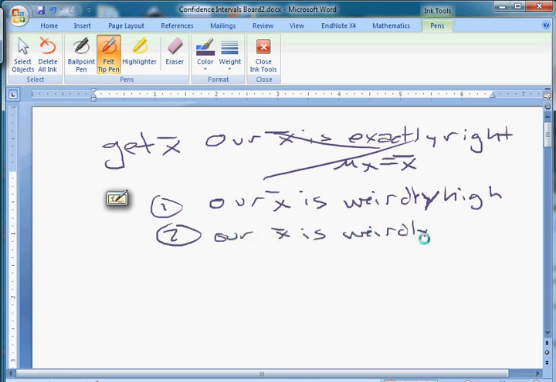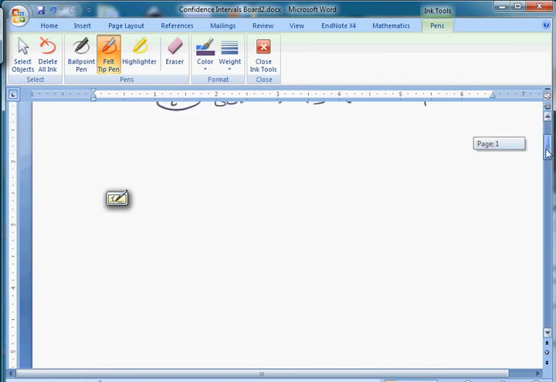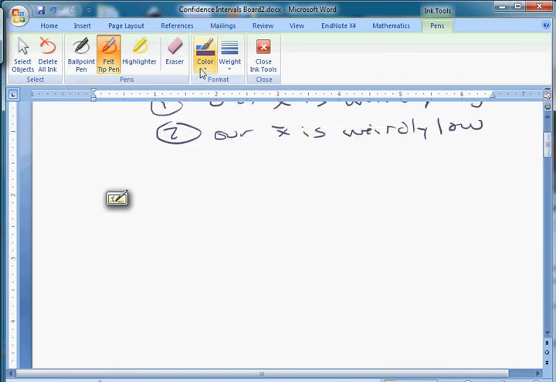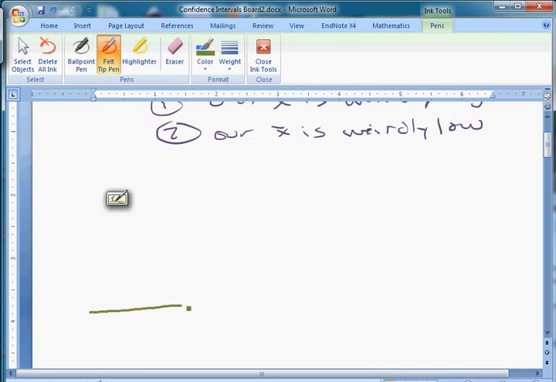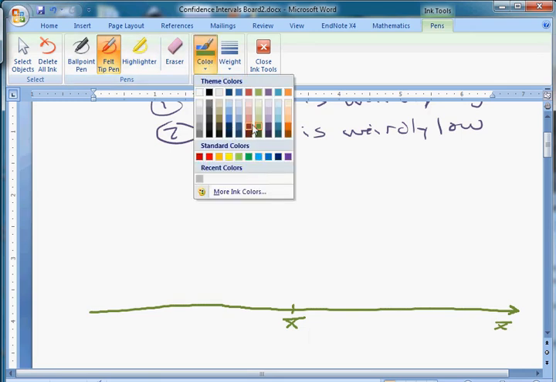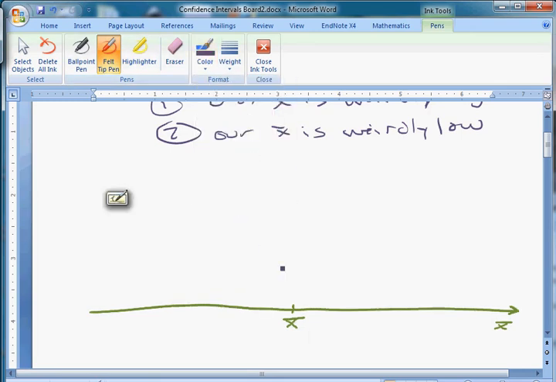What do these look like in practice? Well, we can take a look. Say we selected a sample, got an x bar, and our x bar was here. It would be really nice if that were the population mean, but we can at least put some bounds on how wrong we are. If our x bar was weirdly high, that means it was in the upper tail of the distribution.